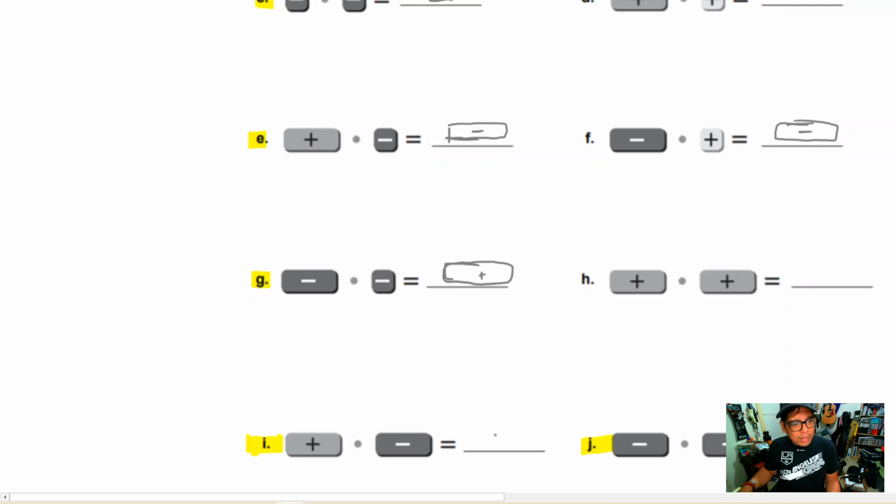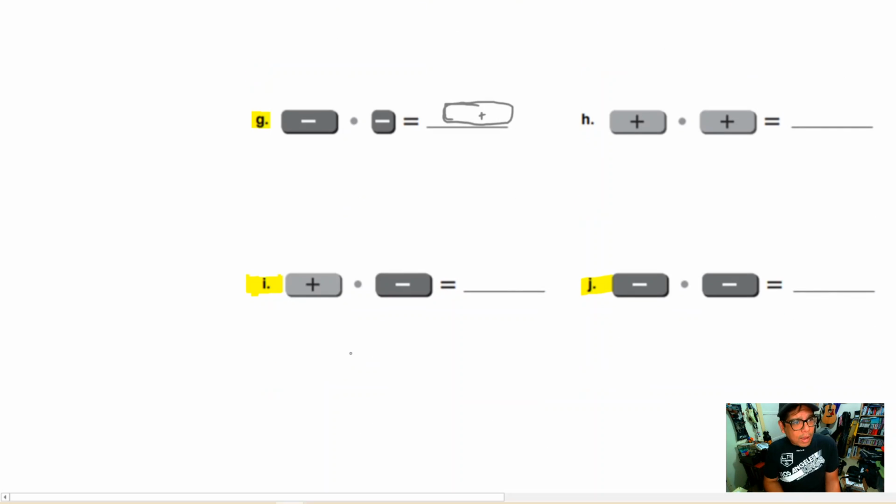Let's do some more of these. Now, if you have an X tile times an X tile, then that's going to change the shape. That's going to be a big X squared tile. And since we have a positive times a negative, that's going to be a negative X squared tile.